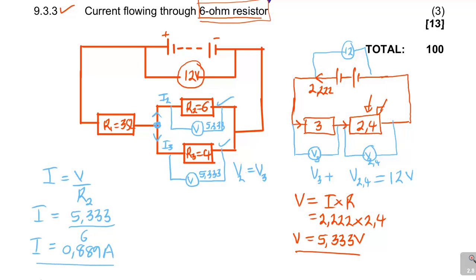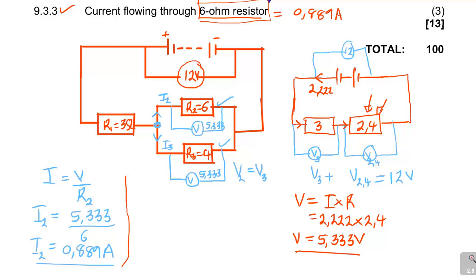That is the answer. That is I2. Therefore the current flowing through the 6 ohm resistor in this case is equal to 0.889 amps.